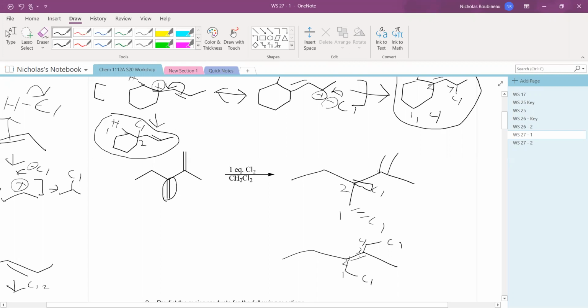And that happens again due to resonance with an intermediate. That's why the double bond moves. And it always ends up in the same spot, which is between carbons 2 and 3, regardless of which double bond you started with. So this is 1, 4, and that's 1, 2.